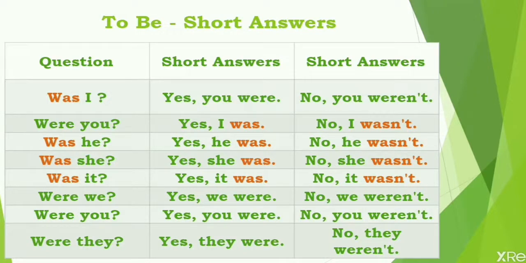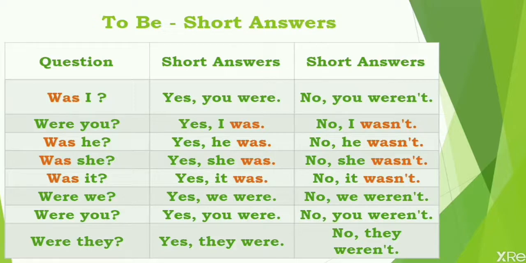To be short answers. Was I? Yes, you were. No, you weren't. Were you? Yes, I was. No, I wasn't. Was he? Yes, he was. No, he wasn't. Was she?